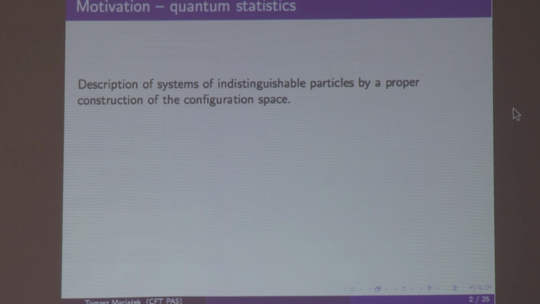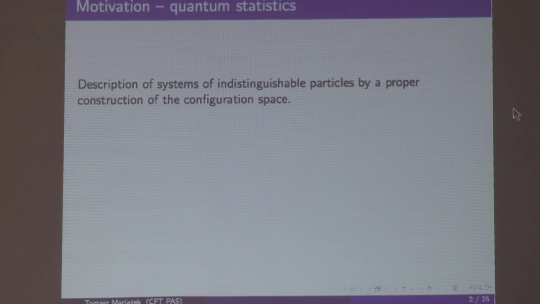A few words about motivation. Our motivation comes from the topological description of quantum statistics. When you have a system of indistinguishable particles, we construct wave functions on some configuration space, some topological space, and we put n particles on this space.